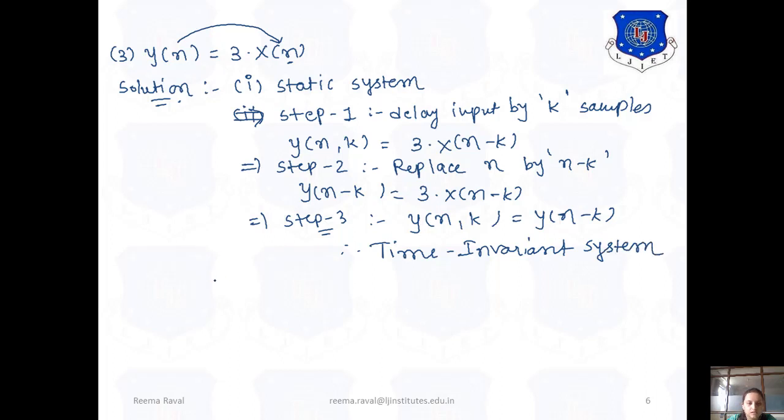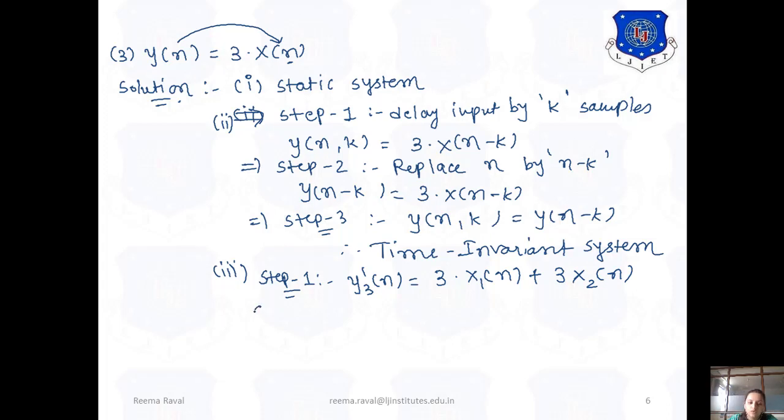Now the next, number 3, is to check whether it is linear or non-linear. For that step 1 is to find y3 dash of n, that is equal to the individual inputs, that means 3 into x1 of n plus 3 into x2 of n.